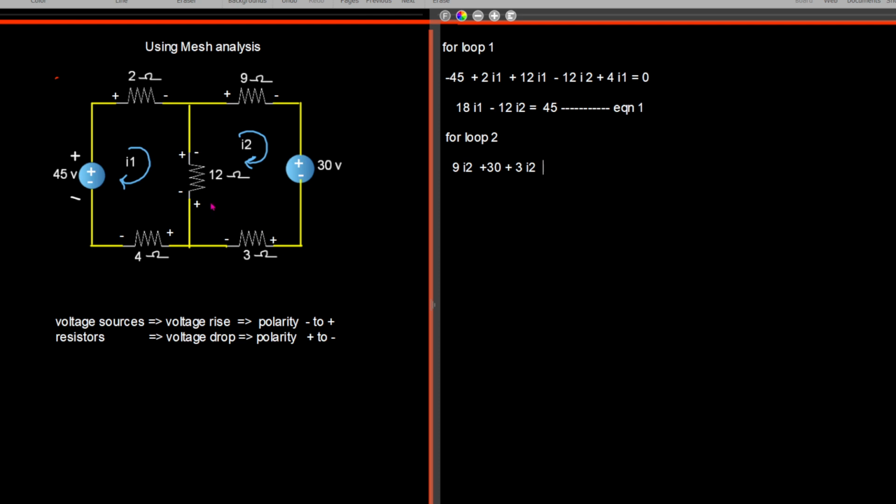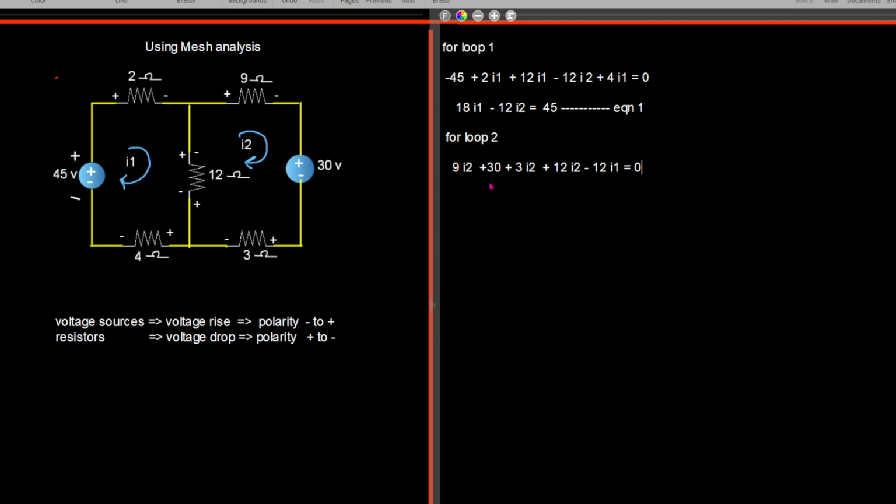There also you encounter this plus sign first, so it is plus 12 I2. Similarly, the I1 current is flowing in the opposite direction, so you have to write minus 12 I1, that is equal to 0 for the closed loop.